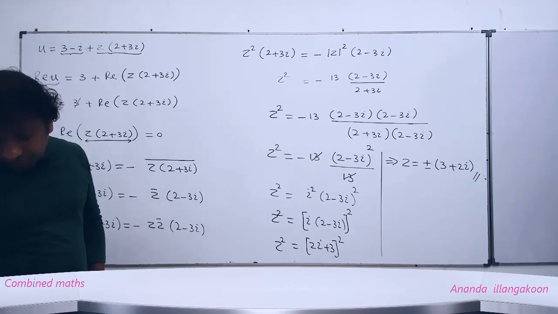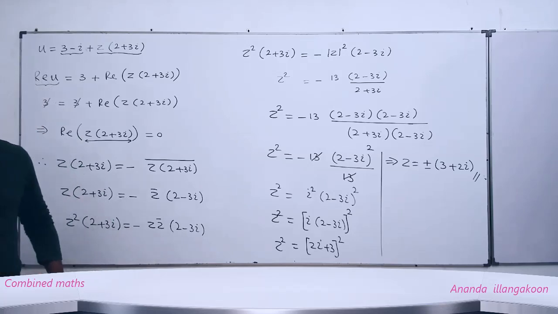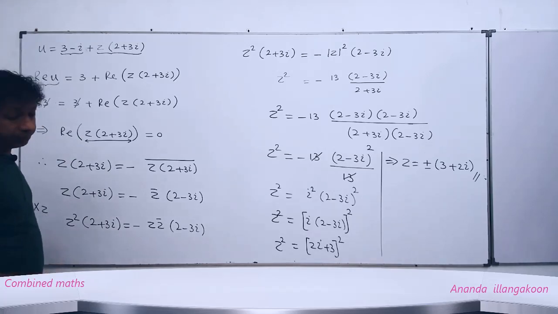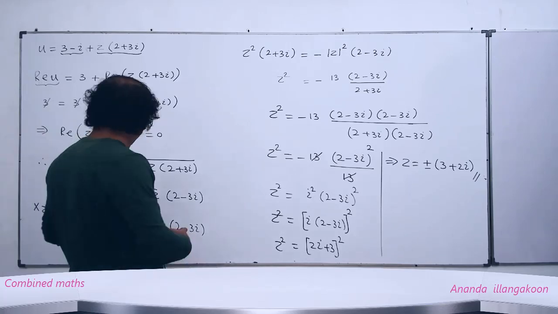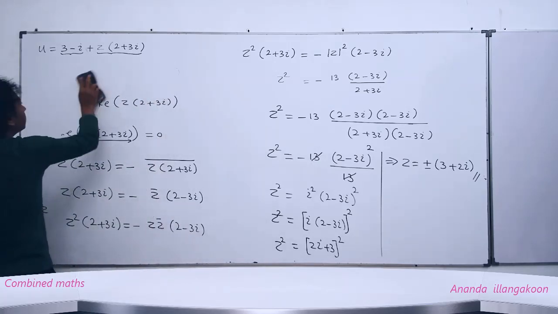Okay, second part. The imaginary part of u is minus 1. Then we have to prove this. The imaginary part of u is minus 1. U is this.